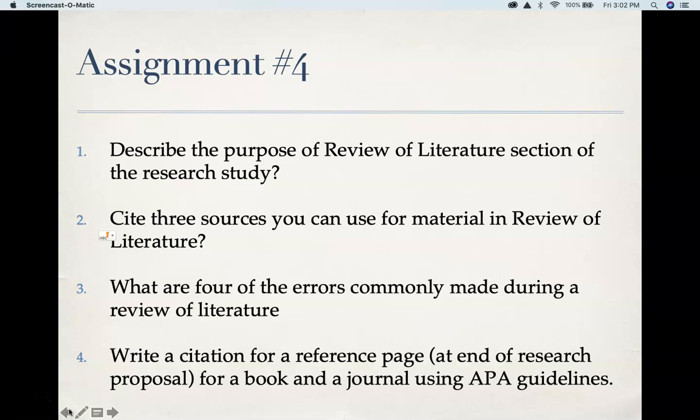What are 3 sources or places that you could use for material in your review of literature? What are 4 of the errors commonly made during a review of literature? What do people do that makes their literature review not very valid or reliable? And then how do you write a citation for a reference page, which is at the end of your research proposal, for a book and for a journal using APA guidelines?